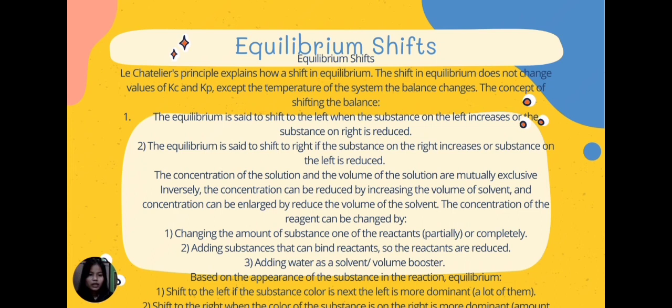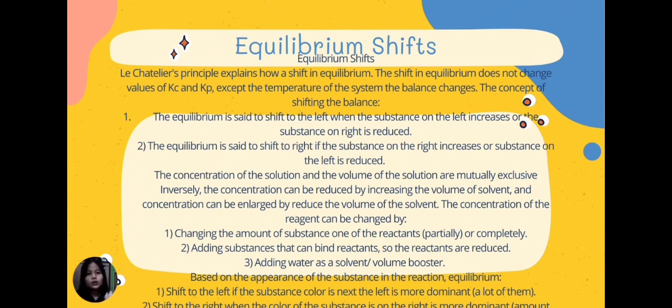1. The equilibrium shifts to the left when the substance on the left increases or the substance on the right is reduced. 2. The equilibrium shifts to the right if the substance on the right increases or the substance on the left is reduced.